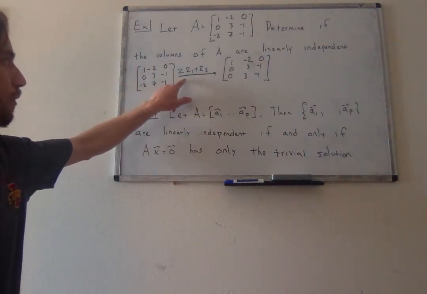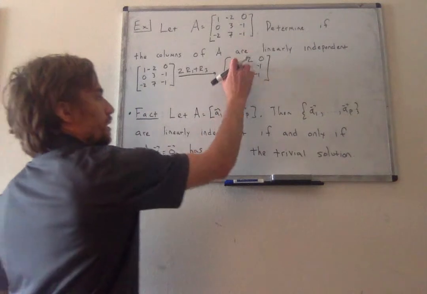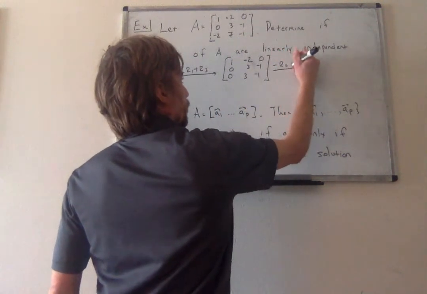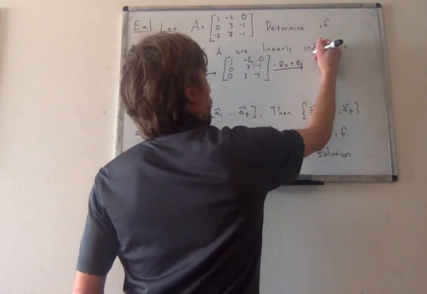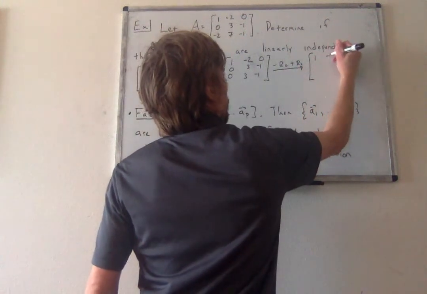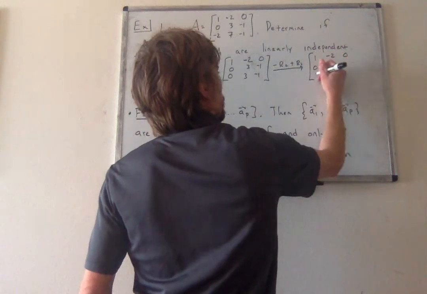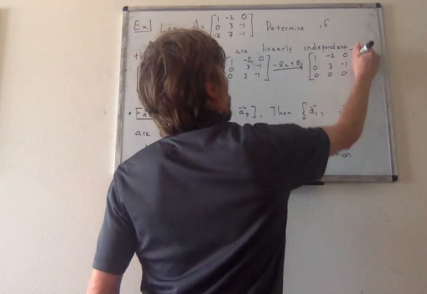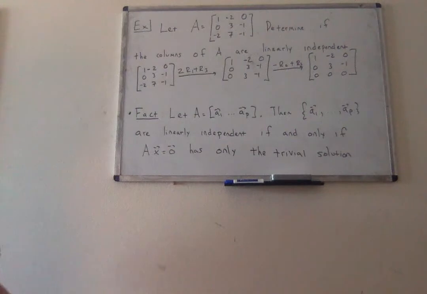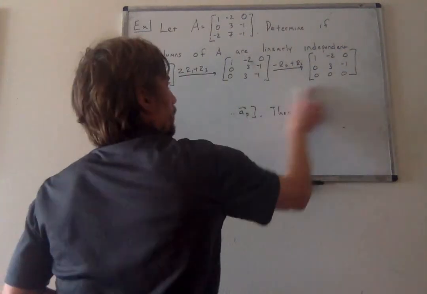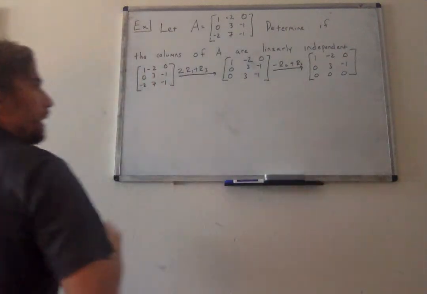But after this first step, notice this 3 is now going to be a pivot, so we're going to do negative row 2 plus row 3. And so now we want to divide row 2 by 3.